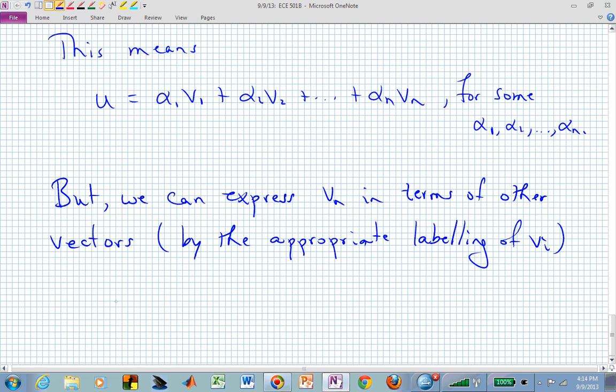Meaning we can say that V sub n is now going to be minus A1 over A sub n, V sub 1, minus A sub 2 over A sub n, V sub 2, etc., down to A sub n minus 1 over A sub n, V sub n minus 1.